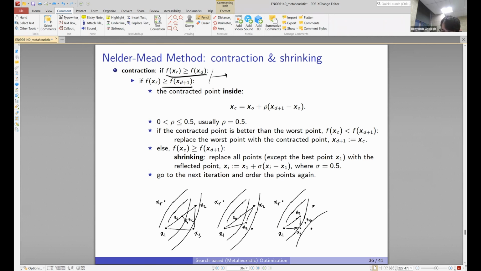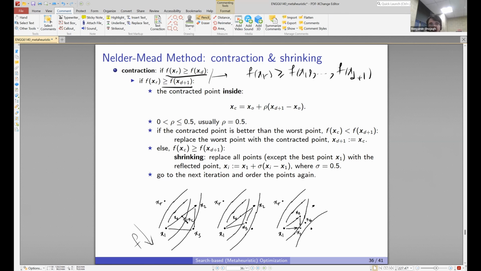So this means that f of xr is worse than all of the corners. What does it mean? xr here is worse than x1, x2, and x3. Then, of course, it means that apparently the function is decreasing in the same direction as the simplex.